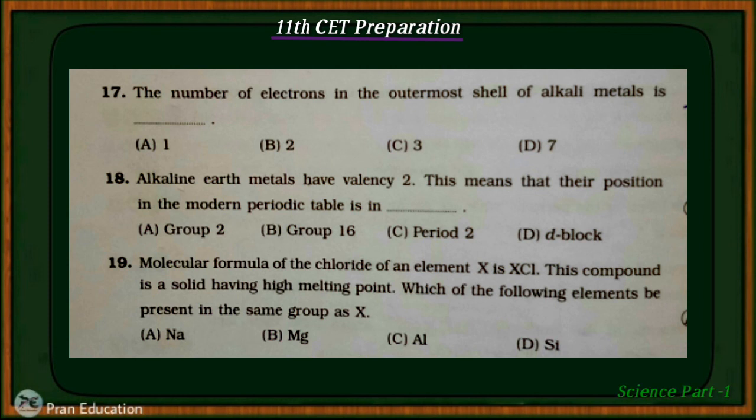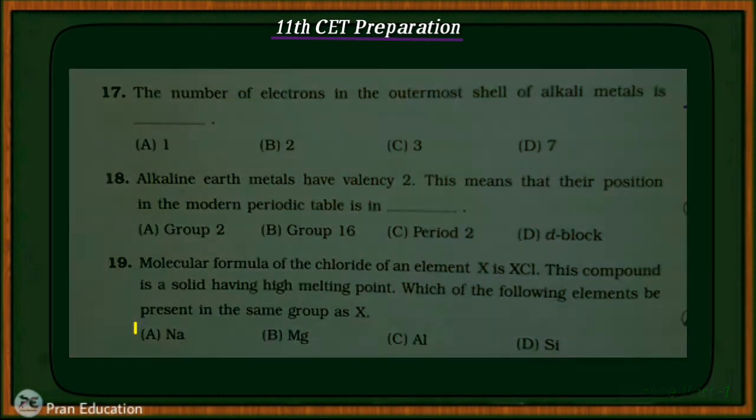This compound is a solid having a high melting point. Which of the following elements is present in the same group as X? Options A, Na, B, Mg, C, Al, and D, Si. The correct option is option A, Na.